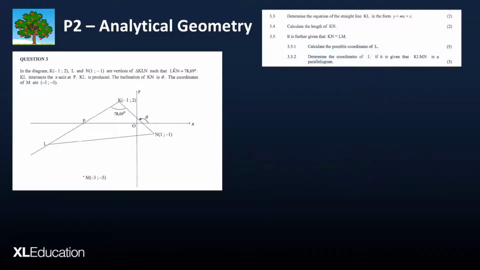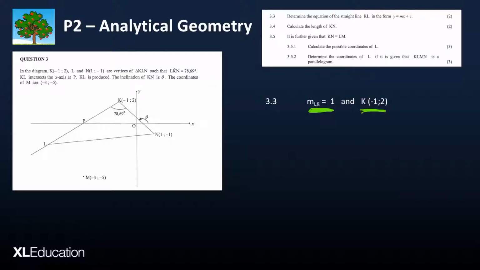Okay, going to 3.3, we see that it's asking for the equation of a straight line. And for you to find the equation of a straight line, you simply need two things, a point and a gradient. And you can see that the gradient of LK is 1. It has been shown in 3.2. Even if you failed to show it in 3.2, you can still use it.